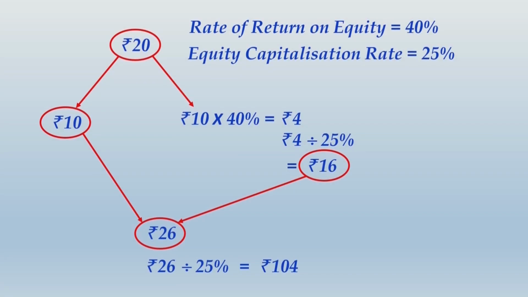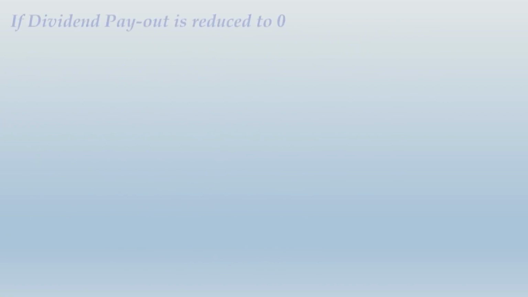Alright friends, so this was what we have done over here, logically derived that 104 instead of using a formula. But in examination you are not supposed to draw these kind of diagrams and make the calculation. You should always use the formula from examination viewpoint. In the question, they have given two other possibilities. One is if the dividend payout ratio is reduced to 0.